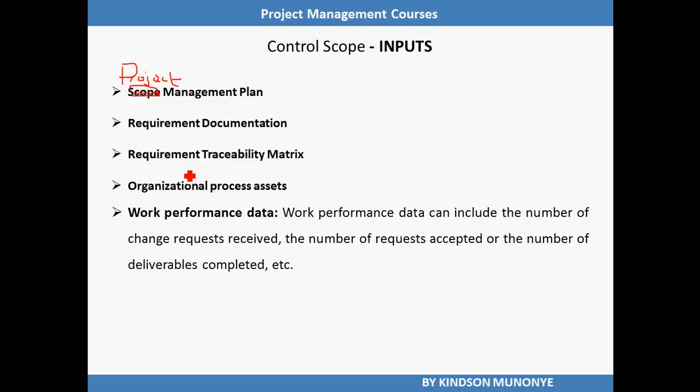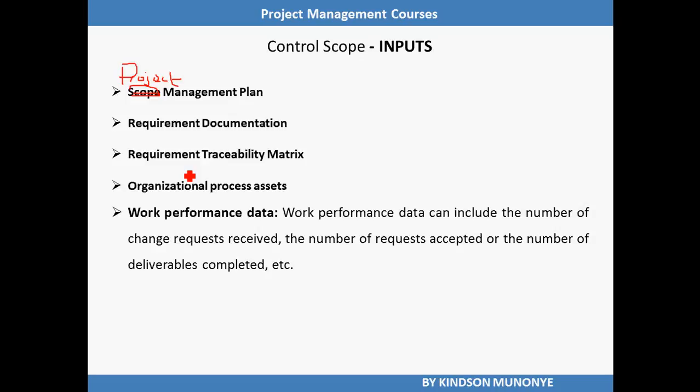We also need work performance data. Work performance data can include the number of change requests received, the number of requests accepted, or the number of deliverables completed. Remember, work performance data are measurements taken in the course of the project execution or in the course of project monitoring and controlling.